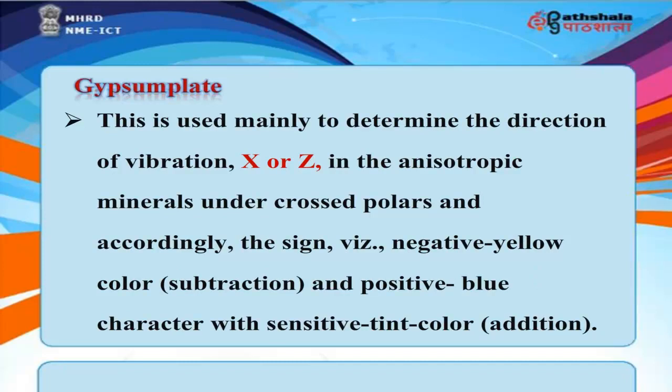This is used mainly to determine the direction of vibration X or Z in the anisotropic minerals under crossed polars, and accordingly the sign, that is, negative with yellow color subtraction, and positive with blue color addition.